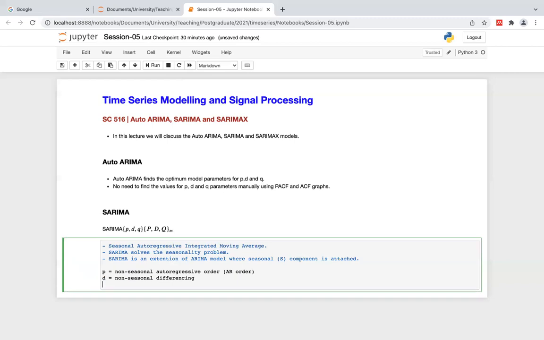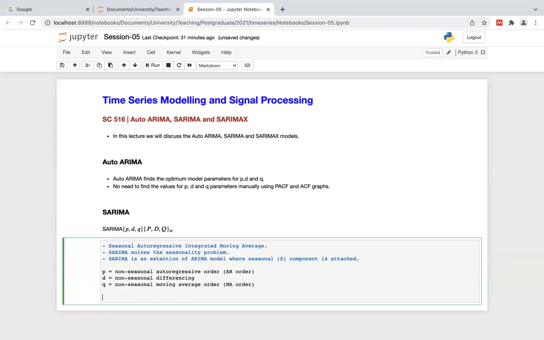It's non-seasonal differencing. Then similarly, the Q parameter is non-seasonal moving average, simply MA. Right. These are P, D, Q. These parameters you are familiar with up to now. These are the parameters which are engaged with the non-seasonal component: non-seasonal autoregressive, non-seasonal differencing, non-seasonal moving average, right?